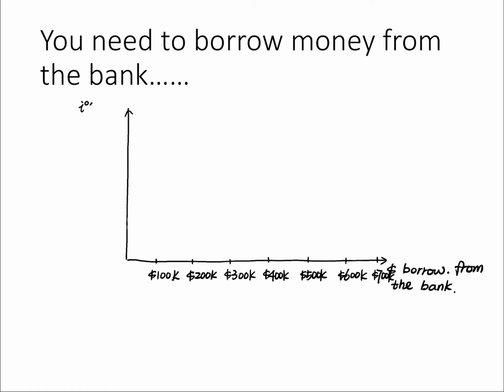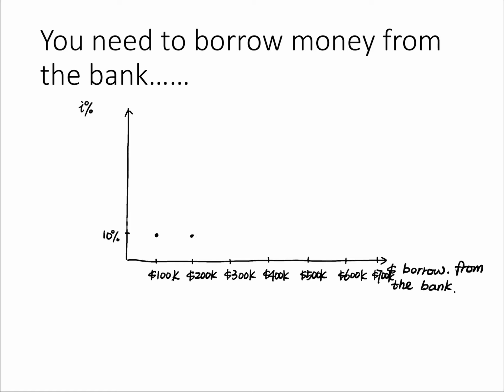Okay, so and then we can use this y-axis as the interest rate that you need to pay to the bank. Okay, and so the bank said, if I lend you 100K, the interest rate is 10%. So that's your point.